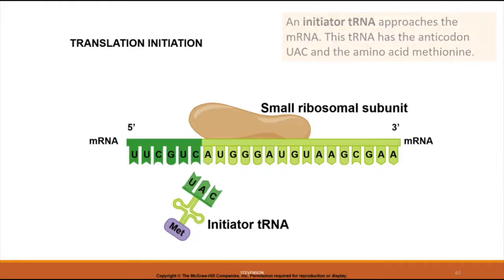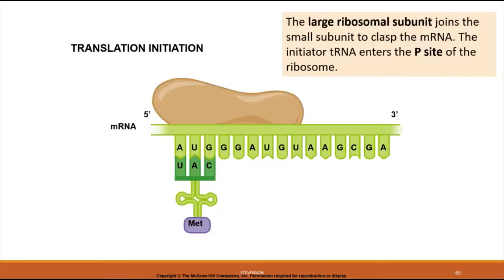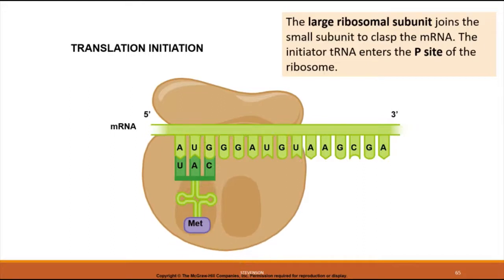So the initiator tRNA will bind to the start codon, and then once it binds, the large ribosomal subunit will join the picture and clasp to the mRNA on the other side of the small ribosomal subunit. When it does this, it brings the initiator tRNA into what is called the P site of the ribosome.